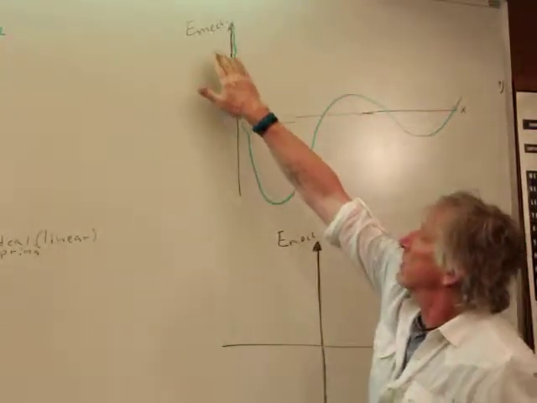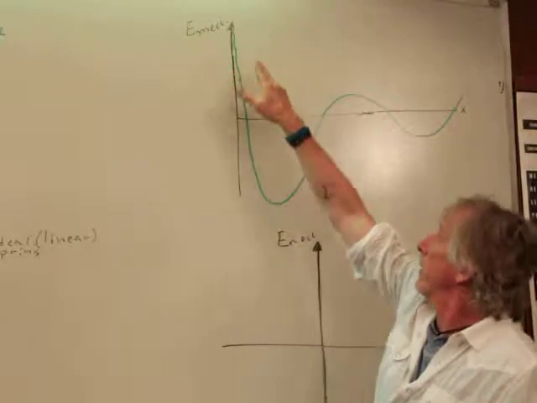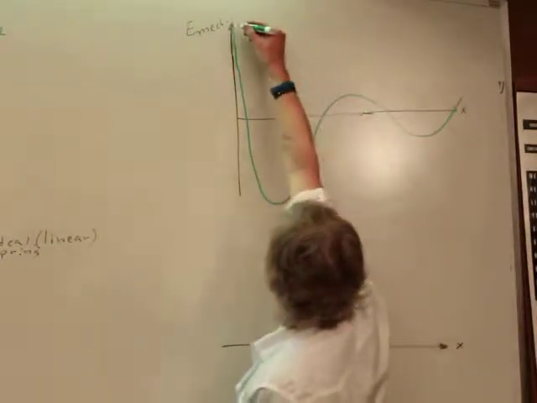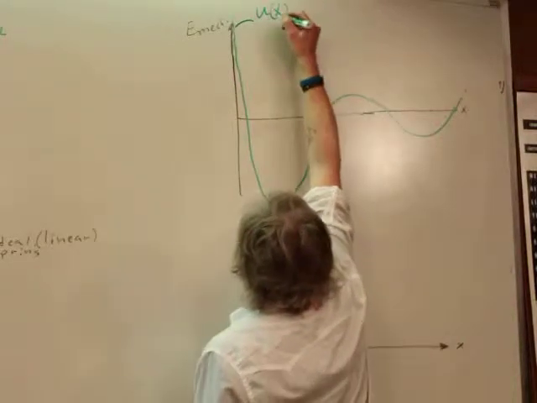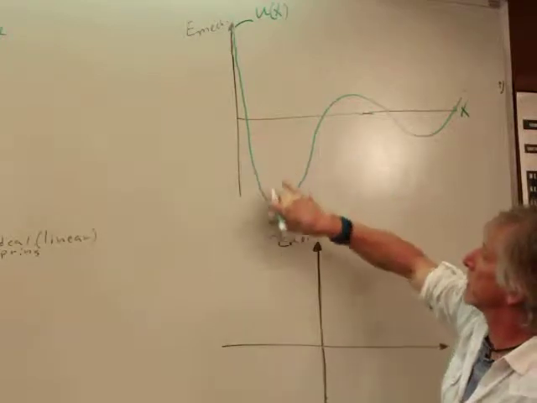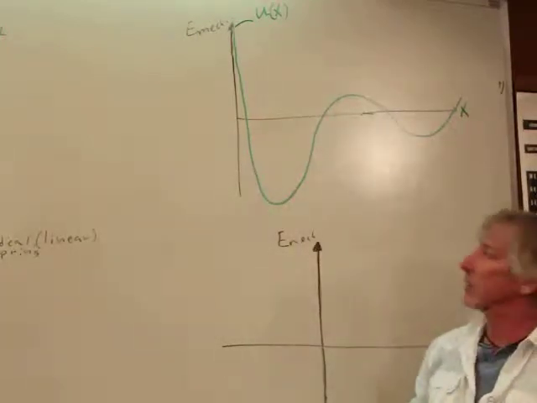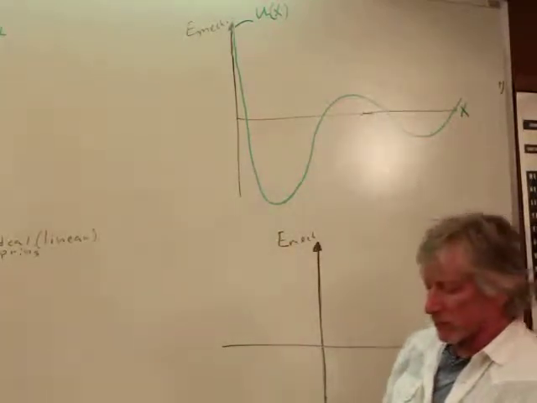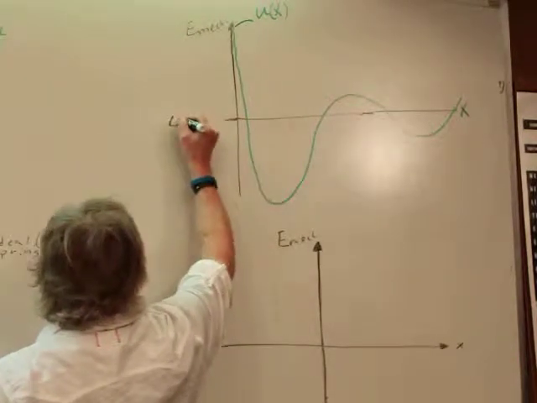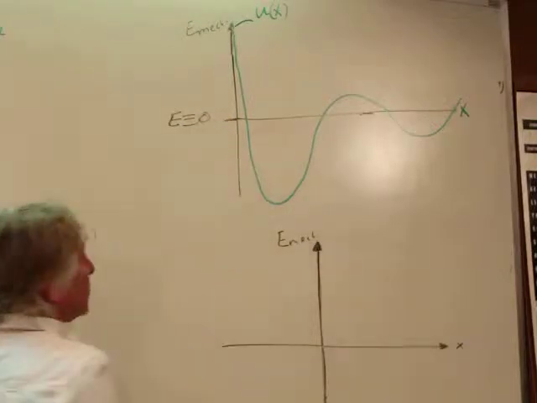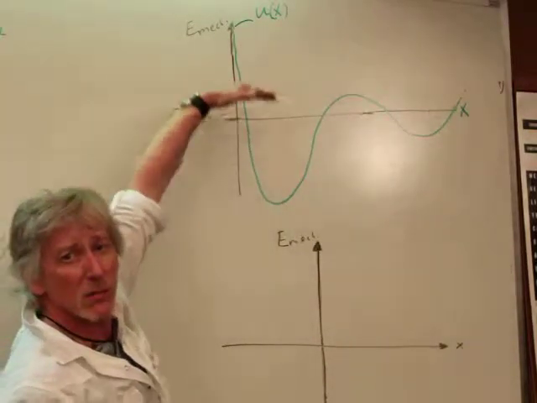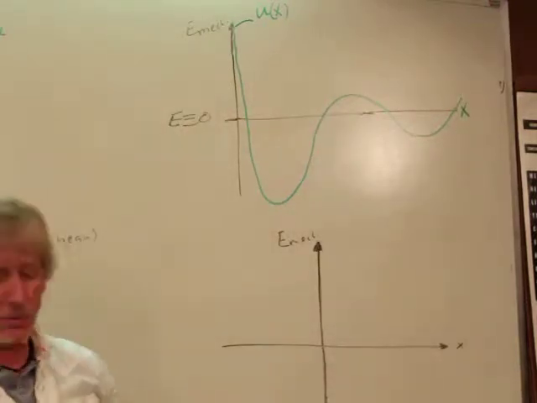If this is the mechanical energy, and this curve here is my potential energy curve as a function of x, I can look at it and go, okay, for some reason you've set that to be my zero energy. Again, you can shift that. It doesn't matter. It makes no difference whatsoever. It's useful for some things.